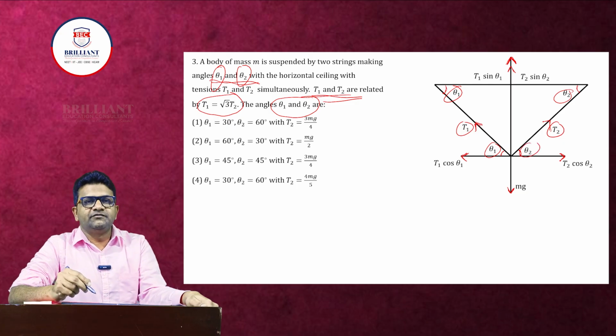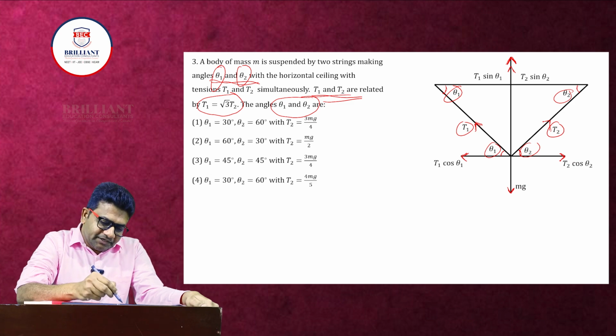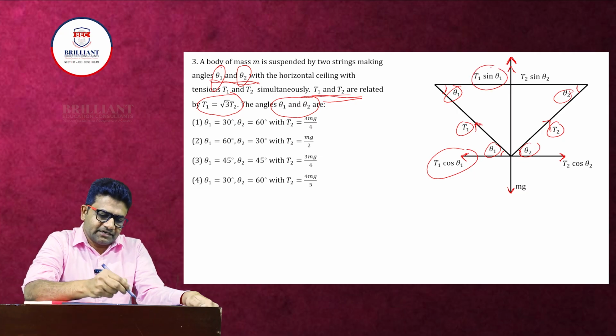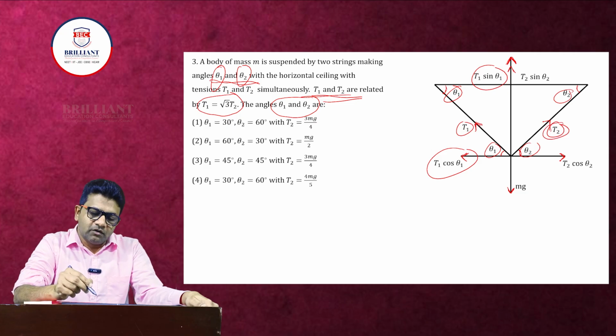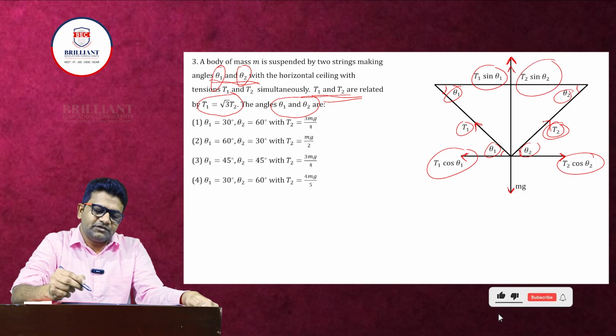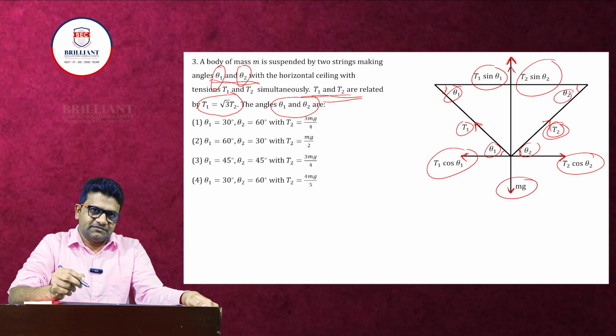Resolving the tensions into horizontal and vertical directions, we get T1 cos theta 1 in the horizontal direction and T1 sin theta 1 in the vertical direction. Similarly, T2 cos theta 2 in the horizontal direction and T2 sin theta 2 in the vertical direction. Then mg acts in the downward direction.